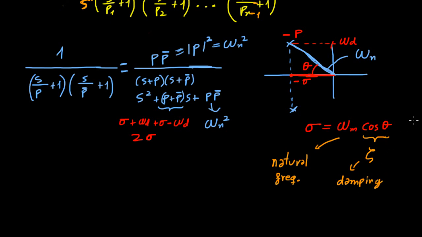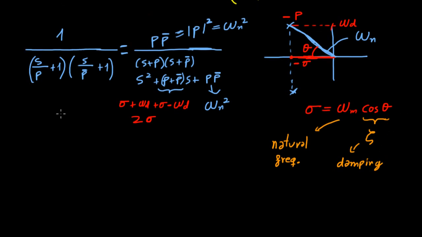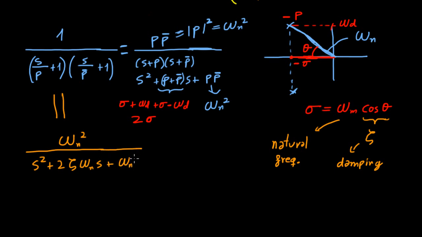Or just the damping. So with all that, this can be written as omega n squared over s squared plus 2 times the damping factor times omega n times s plus again omega n squared.